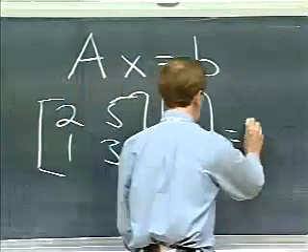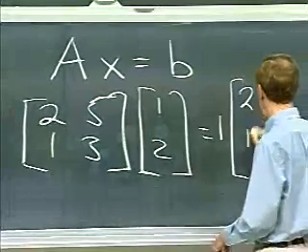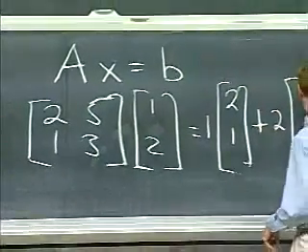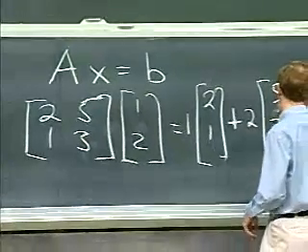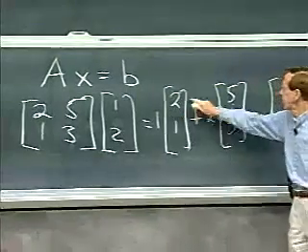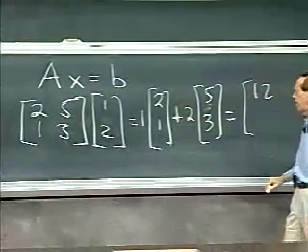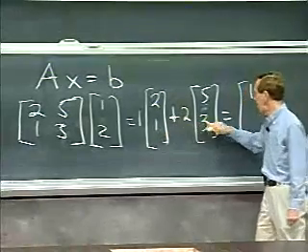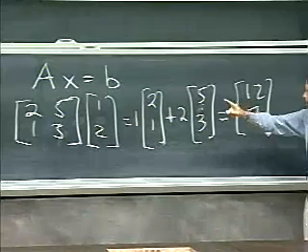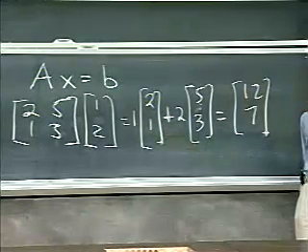So this is 1 of the first column and 2 of the second column, and let's just see what we get. In the first component, I'm getting a 2 and a 10. I'm getting a 12 there. In the second component, I'm getting a 1 and a 6. I'm getting a 7. So that matrix times that vector is 12, 7.